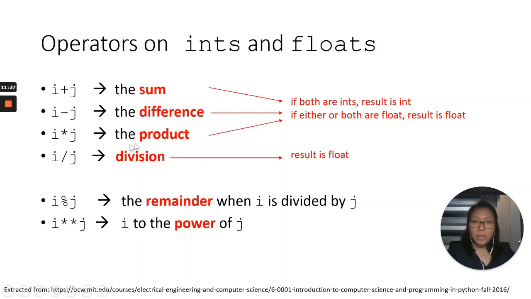For the division, the result will always be a float. And then we have the percent here. This one outputs the remainder when i is divided by j. This percent is the modulo operator. And then the double asterisk here in the last example is i to the power of j.